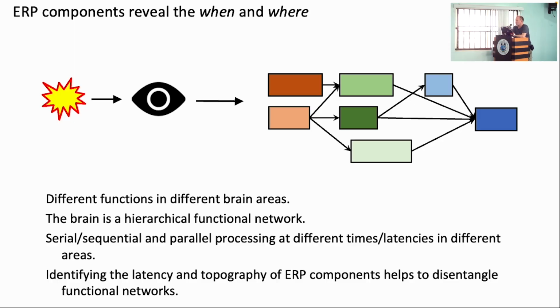Yesterday we looked at event-related potentials and ERP components, and they reveal the when and the where something is happening. So the brain is not a single unitary thing, it consists of many specialized modules. By making smart experimental designs, we can elicit activity in specific regions in the brain.